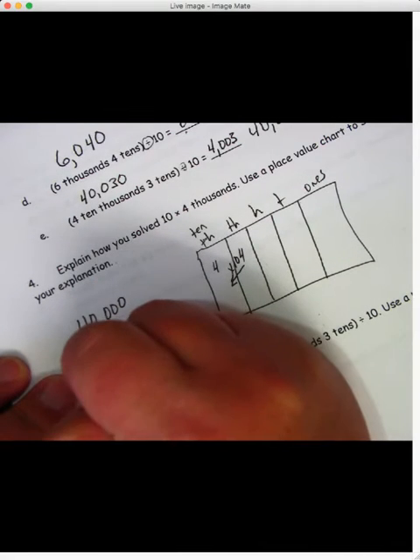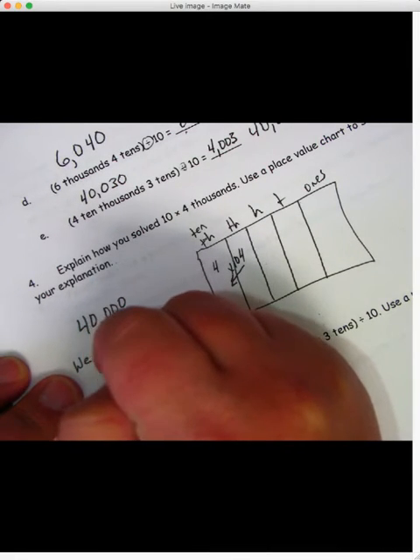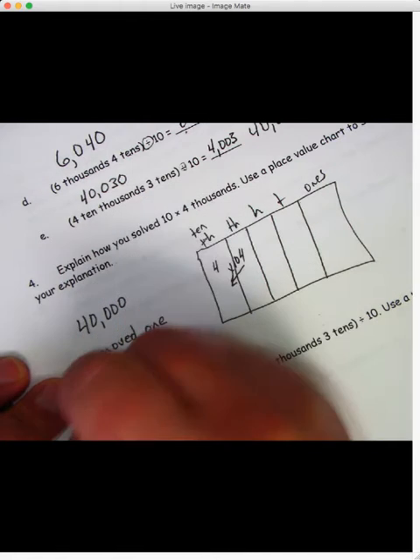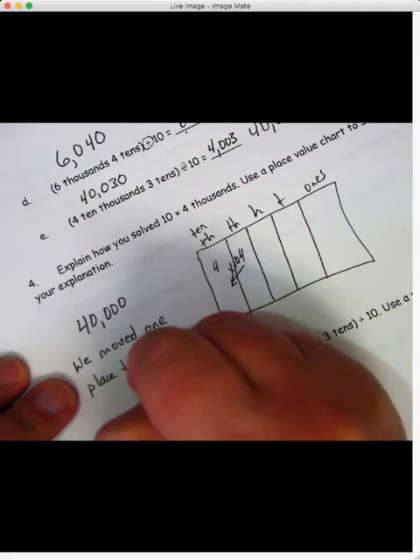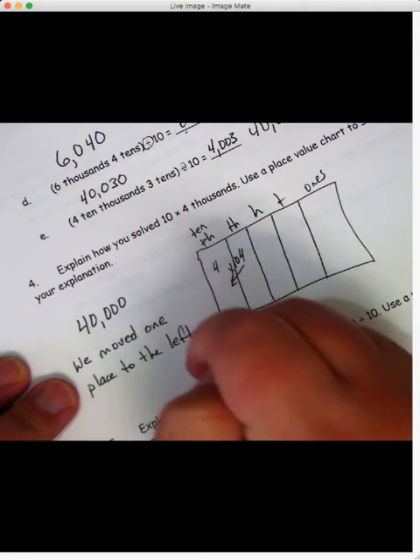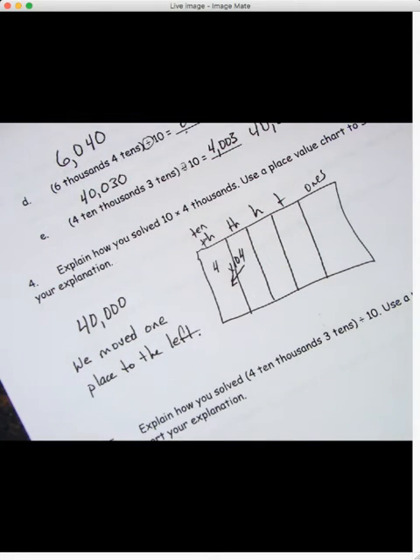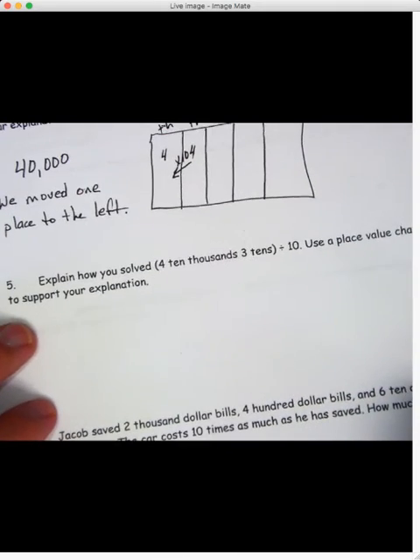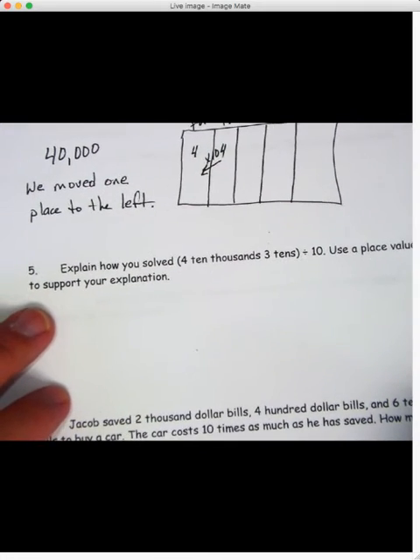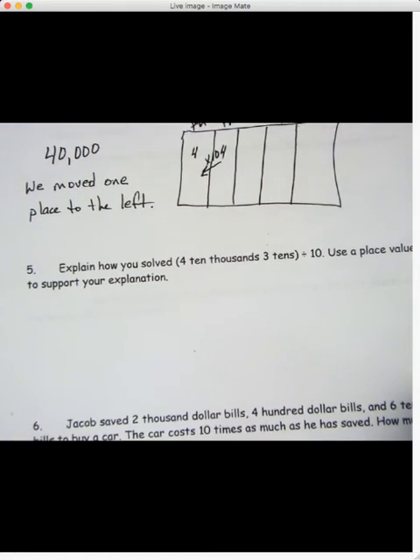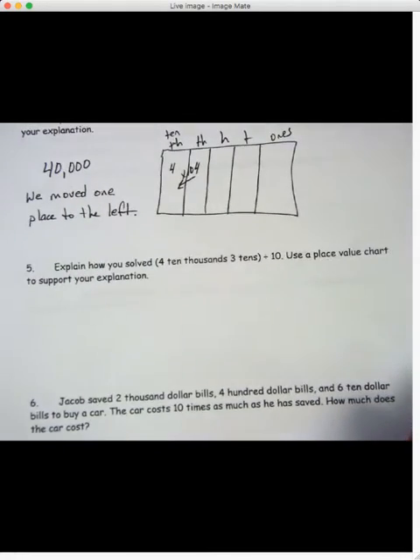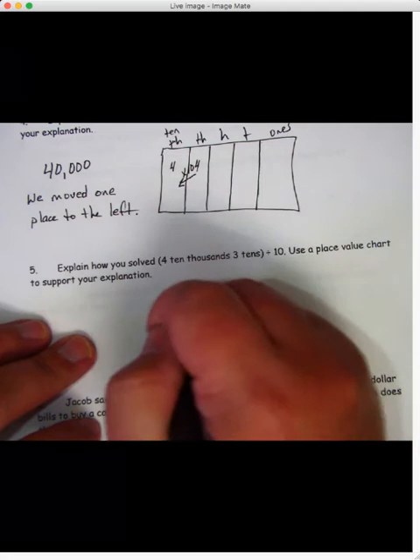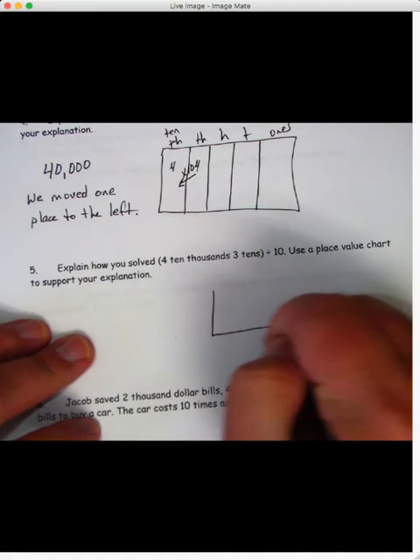We moved one place to the left because we multiplied by 10. Okay? Look at this one. Explain how you solved 4 10,000s, 3 tens divided by 10. Use another place value chart. We're going to have to draw a little bigger this time, more places.